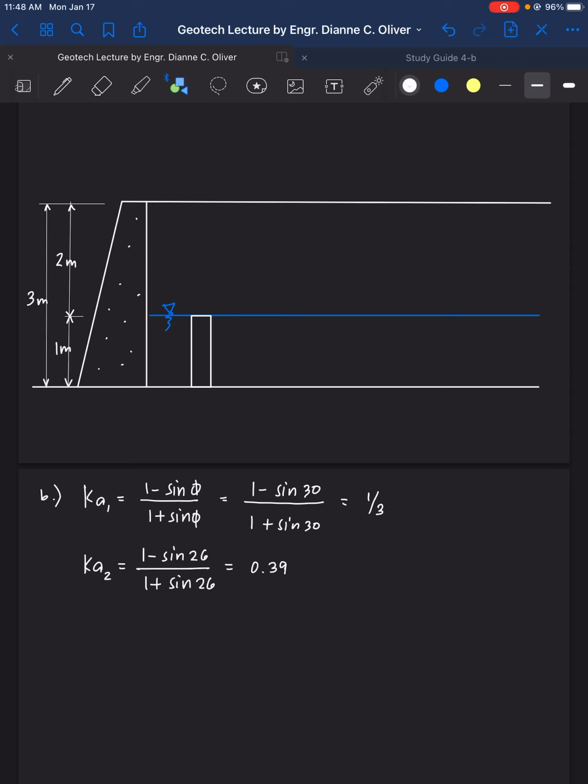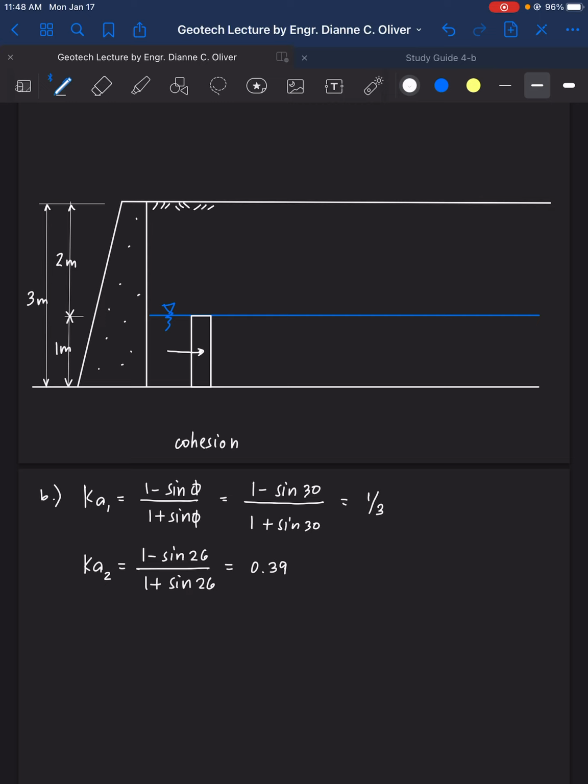The orientation for cohesion is, the tendency is to push the structure towards the soil mass.